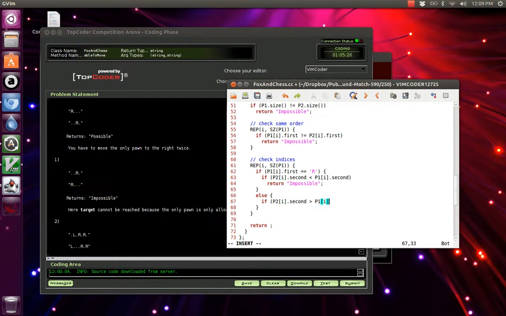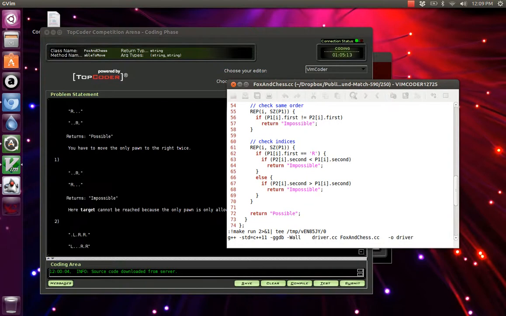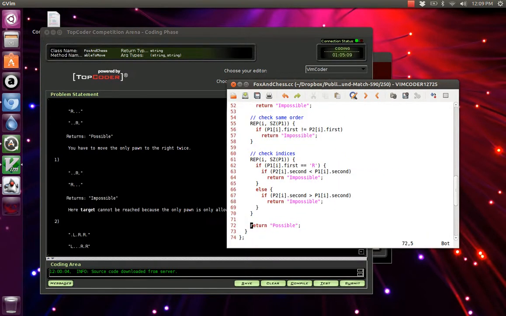I need to make sure that my target place is to the left of my pawn, because if it's not left, I cannot get to it, so it's impossible to get there. So at this point, I'm pretty sure I was convinced that my answer was correct.